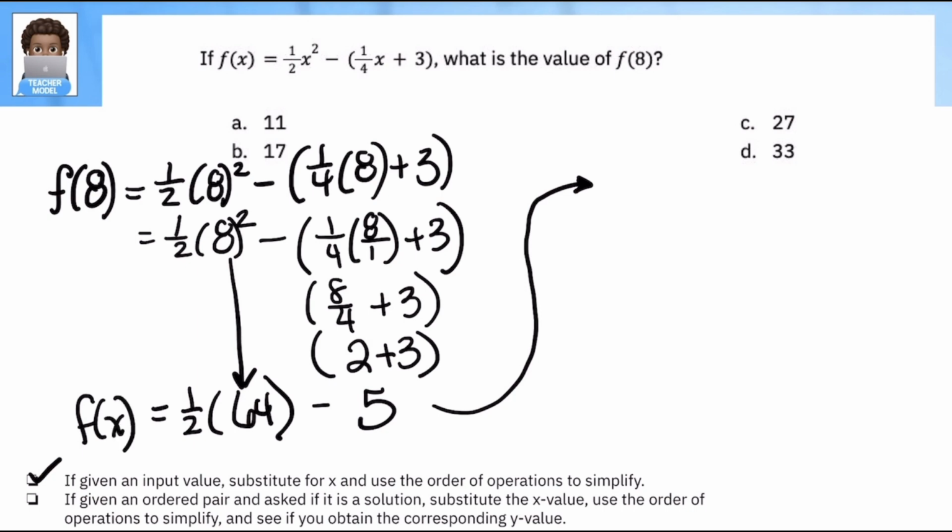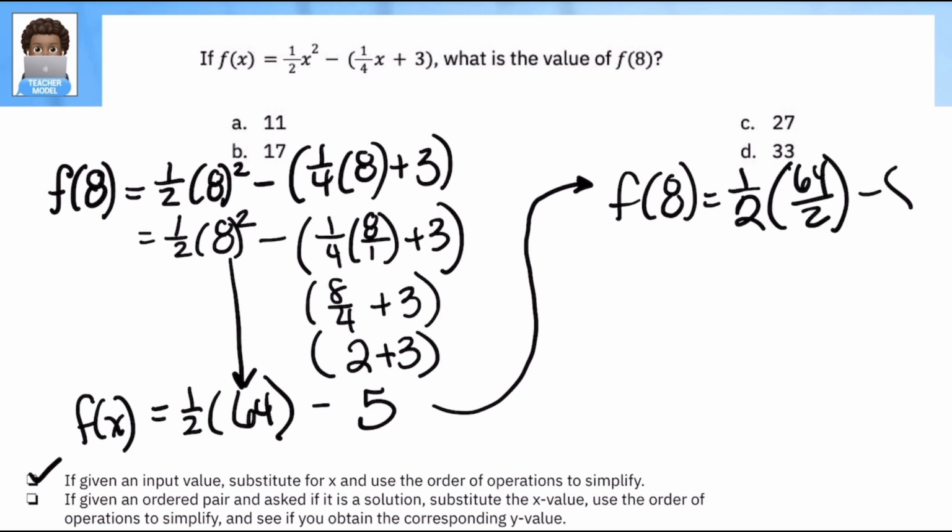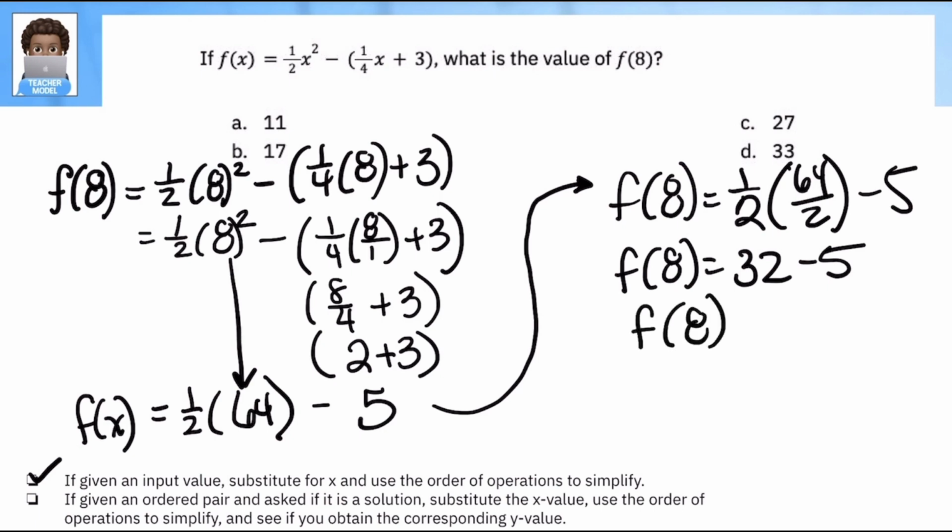So 1/2 times 64 is 32. And now I'm just going to do 32 minus 5, and I get 27. So f of 8 is equal to 27, and my answer is C.